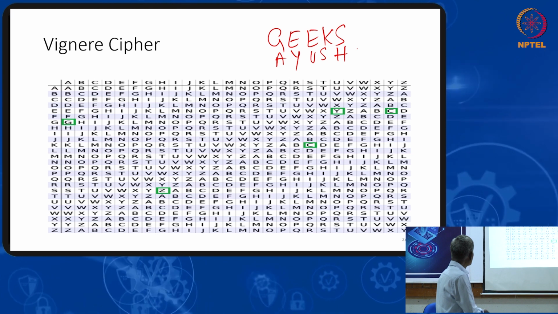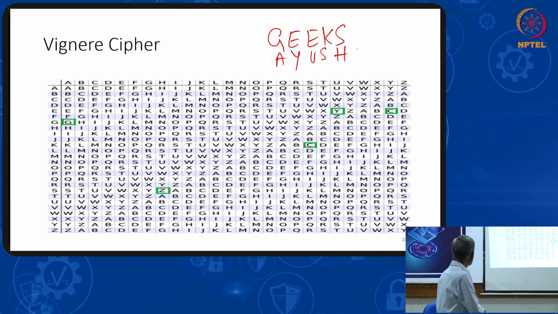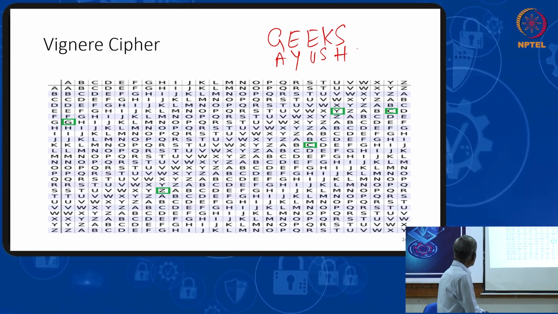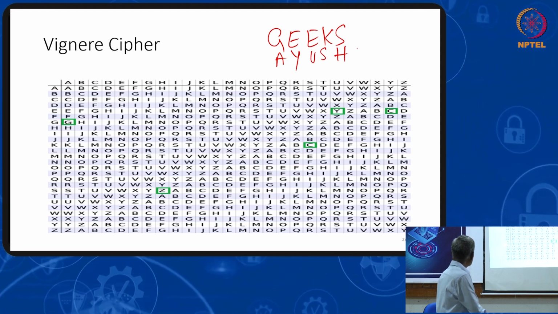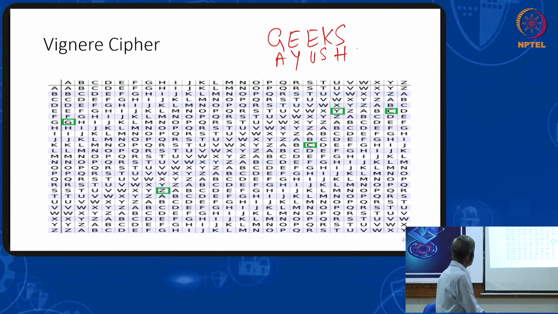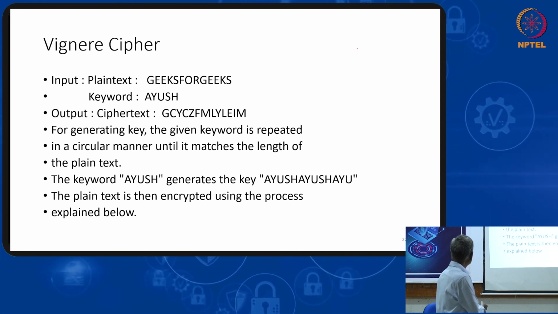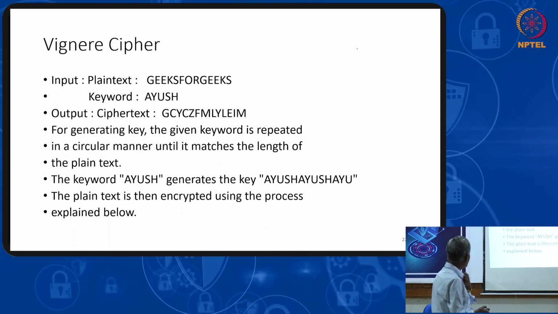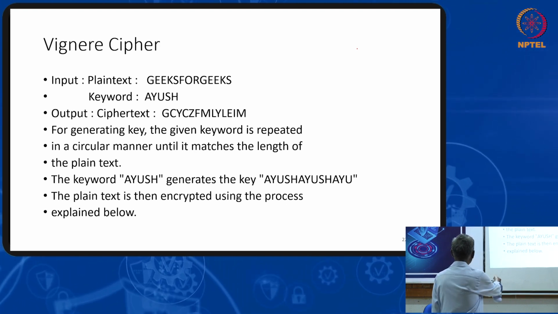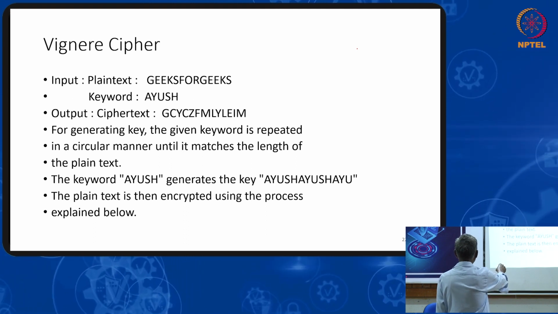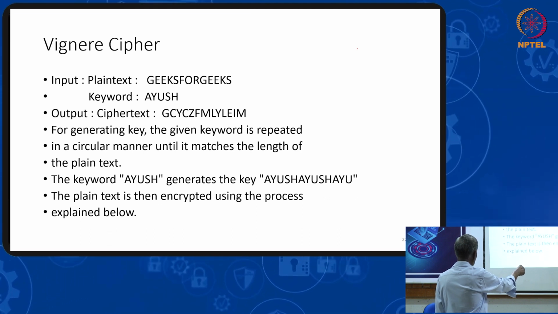Next, E row, column U, Y. K and S: K row, column S, C. Next, S row, column H. It is Z. So the first five letters are G, C, Y, C, Z. You see the encrypted message for the first five columns: G, C, Y, C, Z. The remaining will be similar.